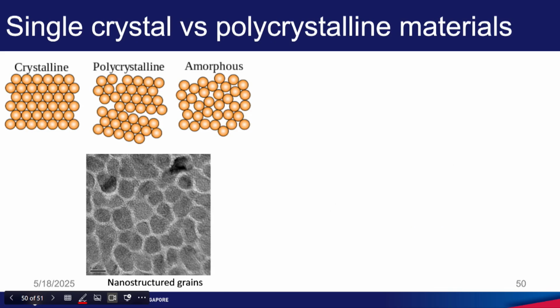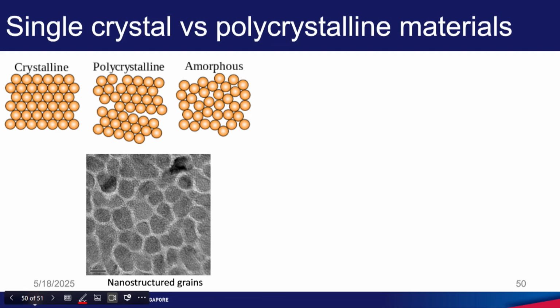So, this picture shows you the difference between single crystalline, polycrystalline and amorphous material. In amorphous material, the atoms are not in any order. There is randomness, there is no lattice. In crystalline material there is a lattice, and this lattice spreads over very large distance. In polycrystalline material there is a lattice, but you can see that there is one region, then there is another region and so on. There are many tiny regions which we call grains.